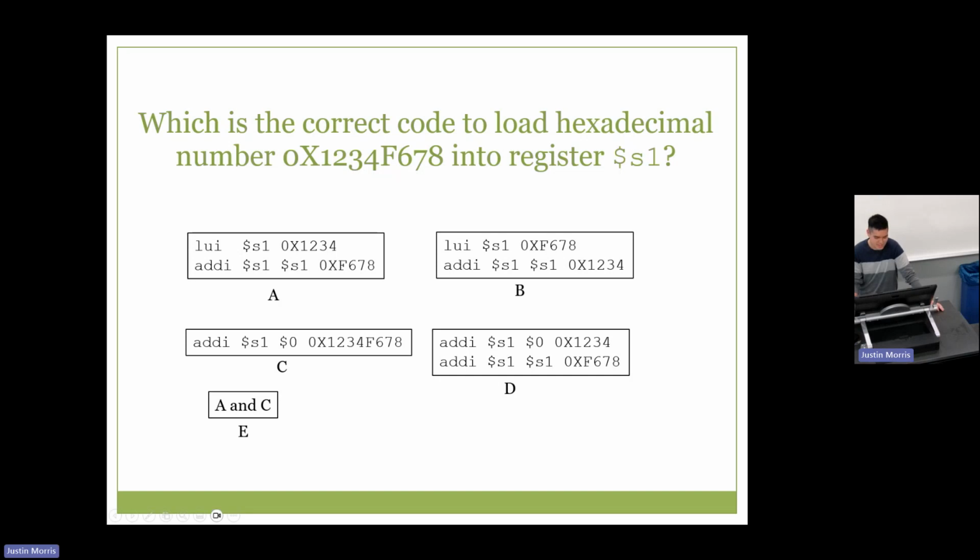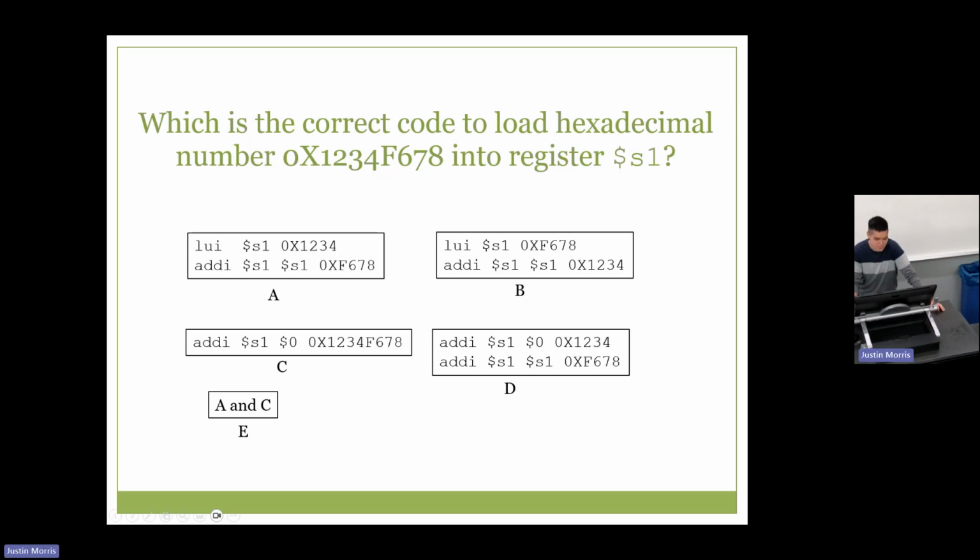But I'm sorry to say that this isn't quite right. One thing you have to remember about add immediate: there's no sub immediate, because add immediate gets sign extended. So this is a negative number. The first bit is a 1, so we know it's negative, because F is 1111.